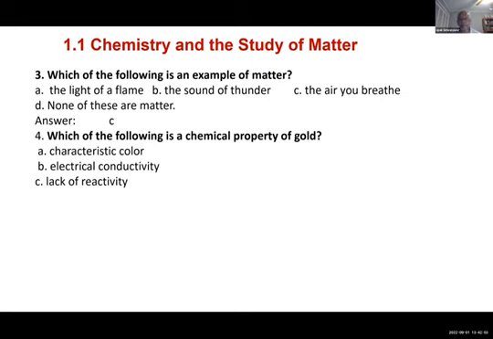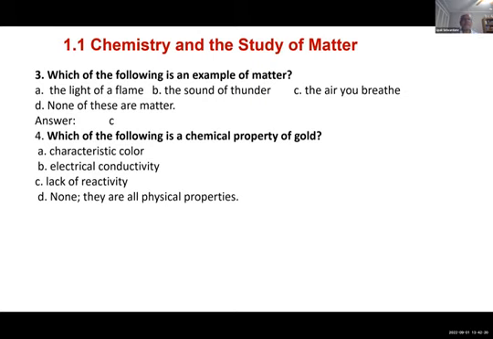Reactivity means chemical reactivity. Therefore, it's a chemical property. Unstable, stable, chemically means chemical property. That lack of reactivity is a stable compound. Therefore, this could be the chemical property that we are looking for. None. They are all physical properties.